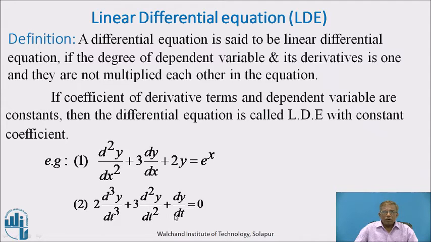The degree of all these three differential coefficients is 1 and they are not multiplied with each other in the equation. So this differential equation also belongs to linear differential equation. And again the coefficients of these derivative terms are constant, so it is also called linear differential equation with constant coefficients.